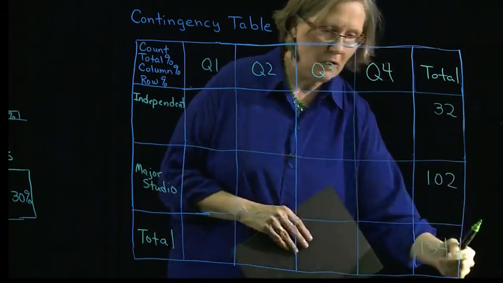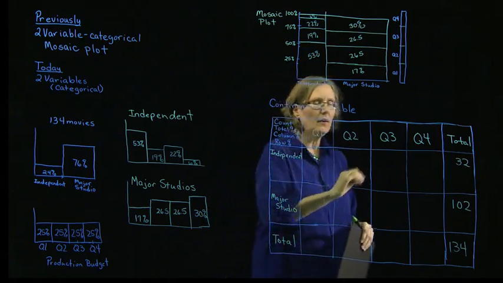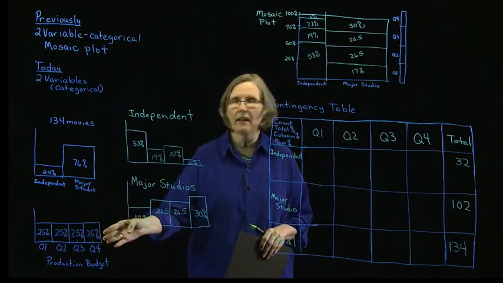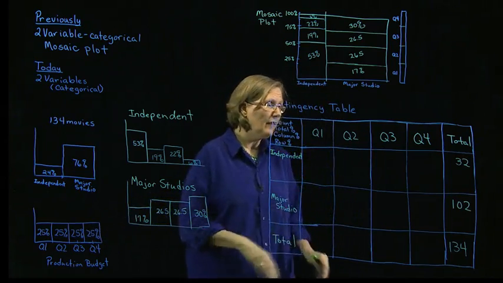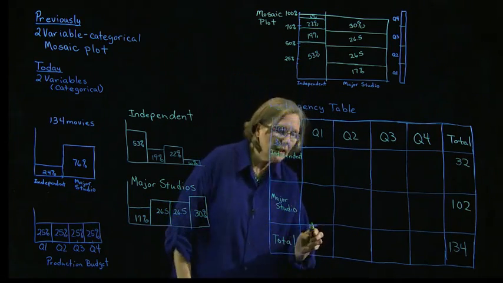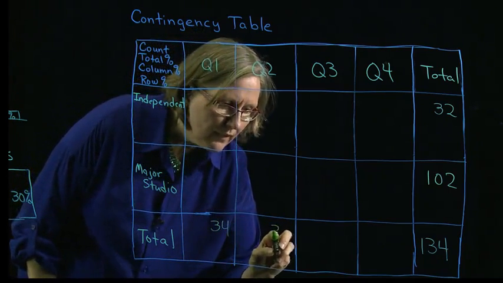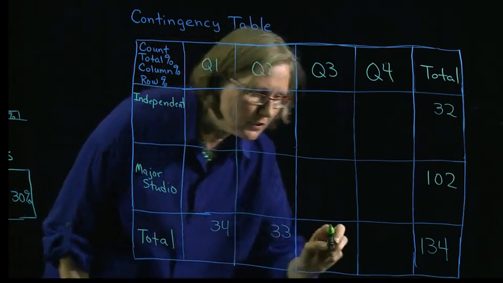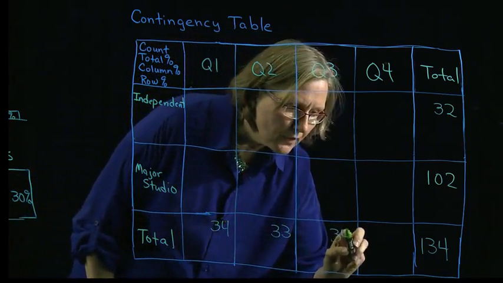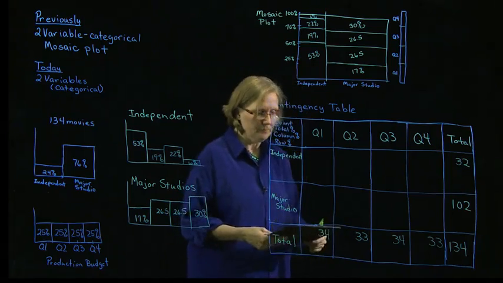They sum up to 134. In our quartiles, we made them so that about 25% fell into each quartile. However, 134 is not divisible by 4, so we ended up with 34 in quartile 1, 33 in quartile 2, 34 in quartile 3, and 33 in quartile 4.